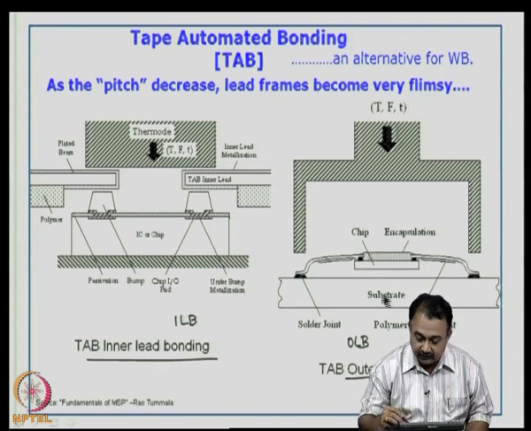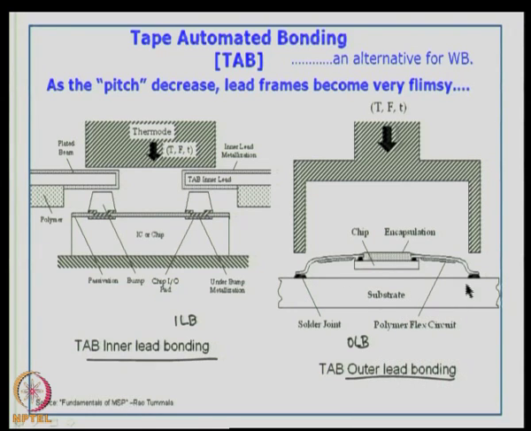This is the substrate which houses the site bond pad and where the outer leads of the lead frame will rest. Similarly, another thermode will come over here exactly at the bond pad site of the substrate and the lead frame which is rested on the substrate.